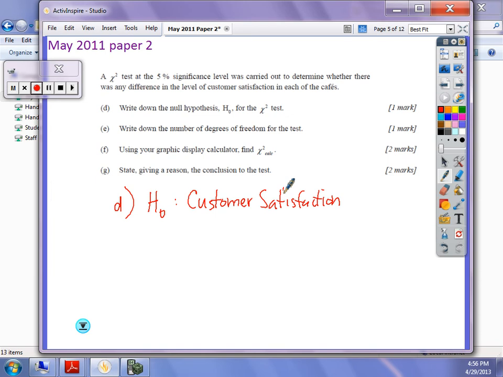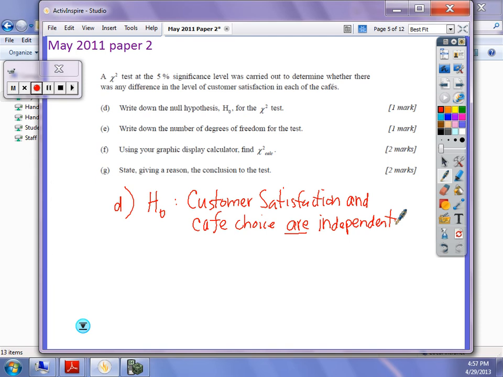So we're going to say customer satisfaction, and we could call that dining choice, but since they use the word cafe in the problem, I'm just going to say cafe choice. Customer satisfaction and cafe choice. Now remember, the null hypothesis is that we say that they are independent. Those two factors are independent. And that's what we're looking for in Part D.